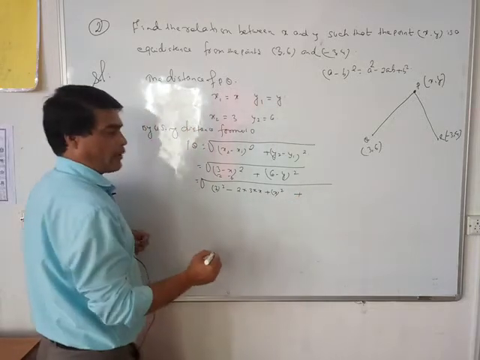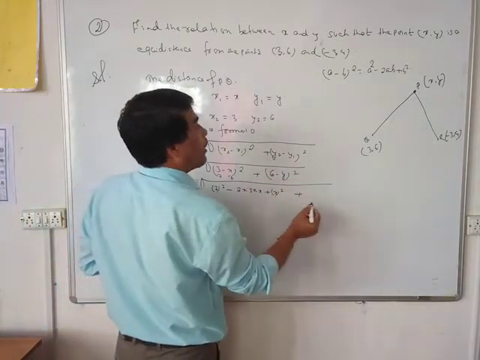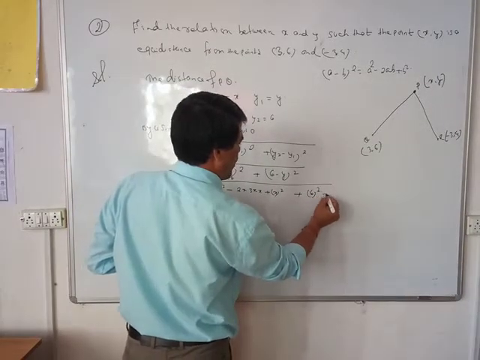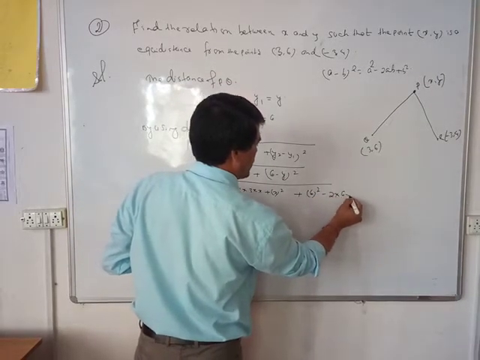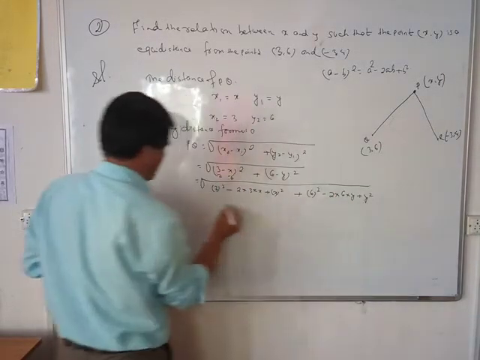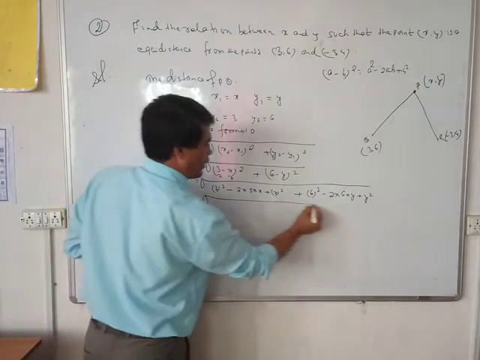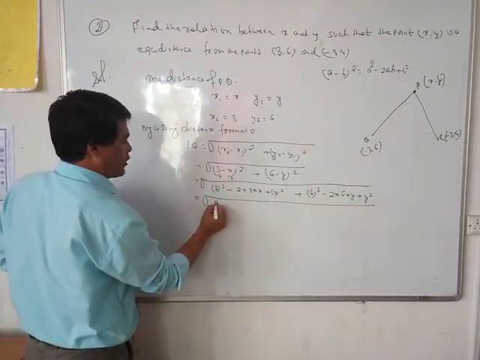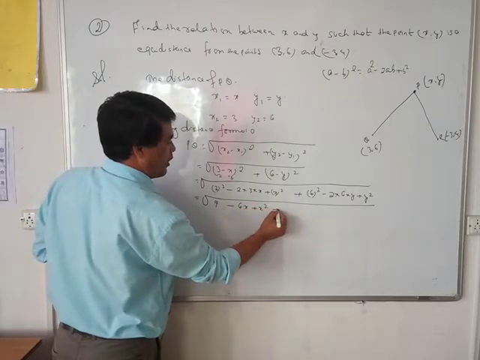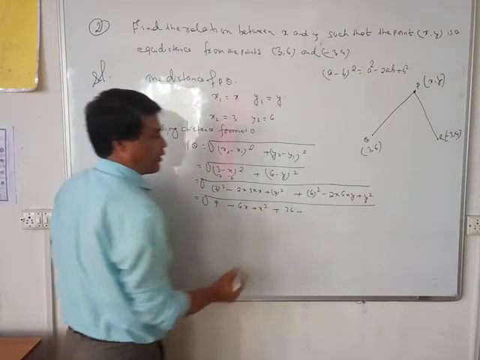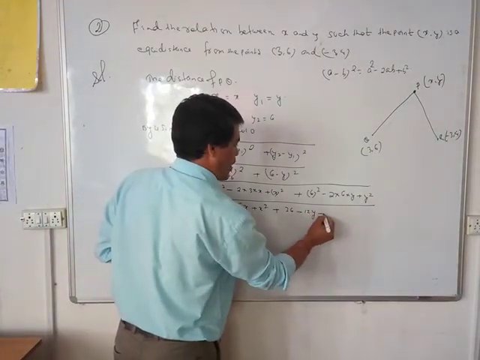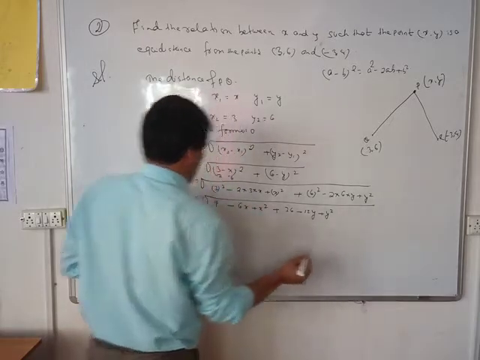Again we expand y minus y whole square, that is a square minus 2, a means 6, b means y, plus y square. Then 3 square is 9 minus 6x plus x square plus 6 sixes are 36 minus 6 twos are 12y plus y square.